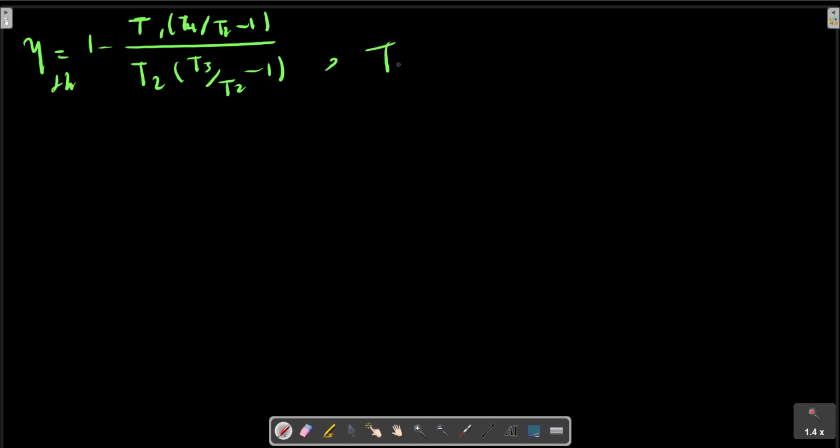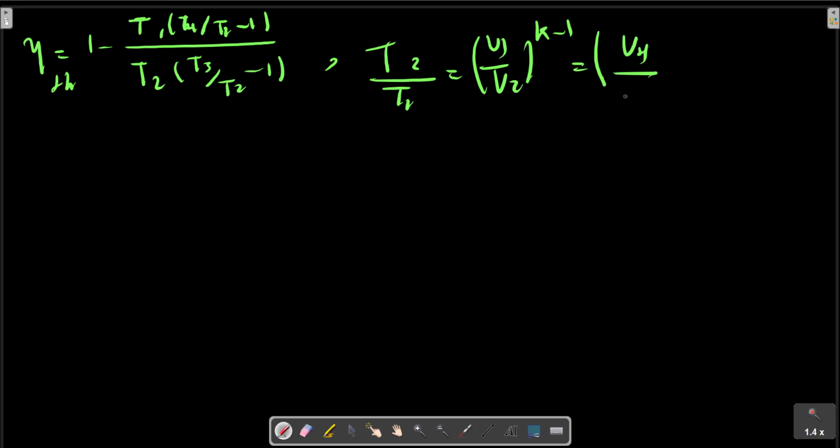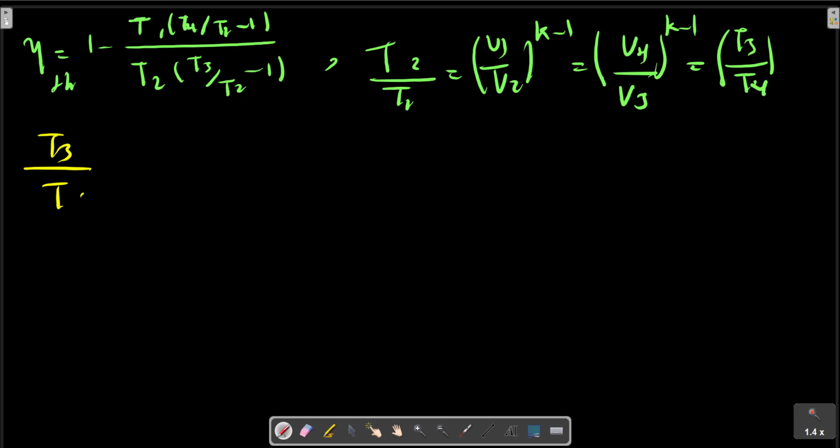Note that in isentropic process, T3 on T4 equals T3 on T2, equals T4 on T1.